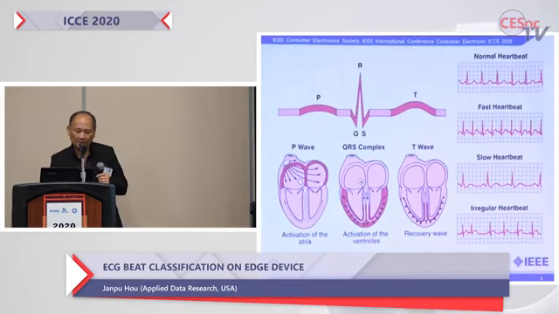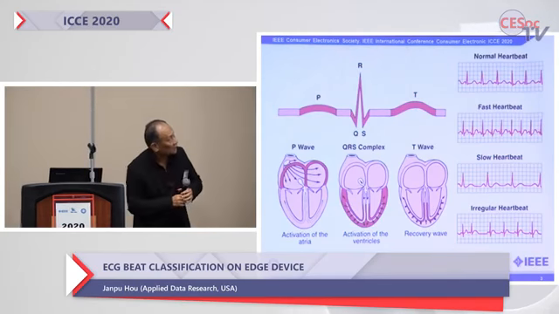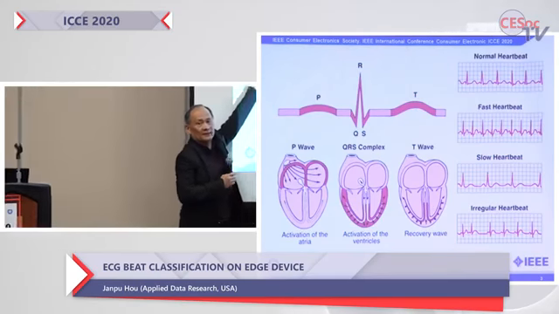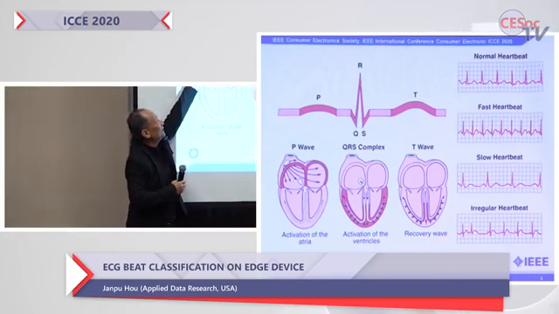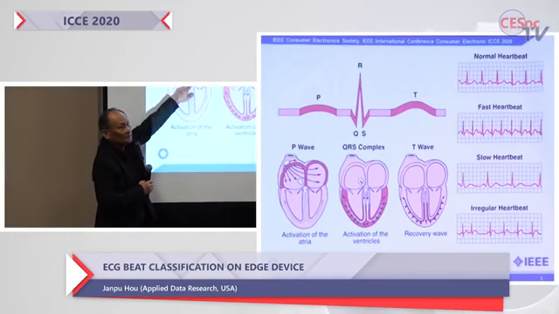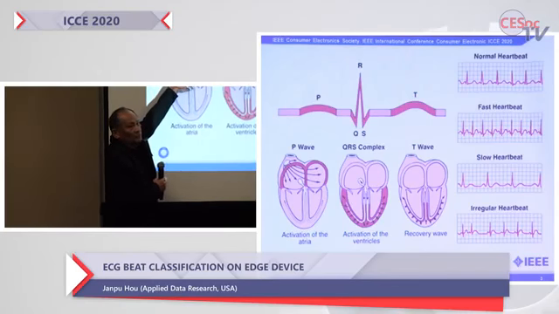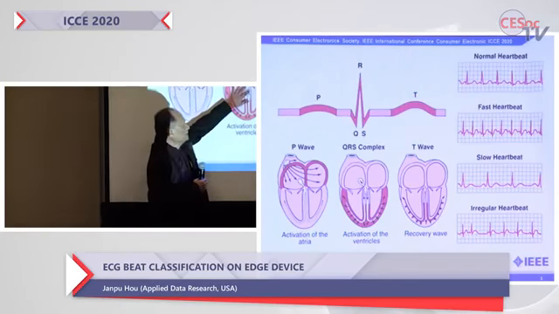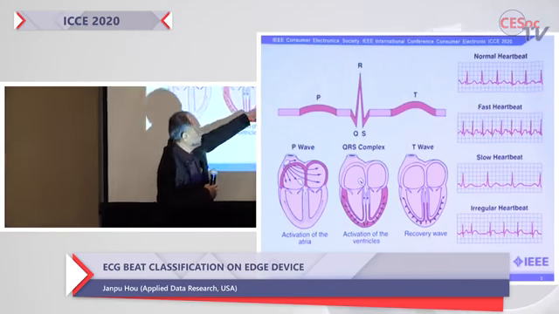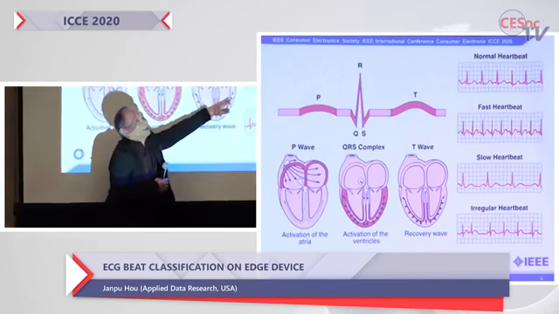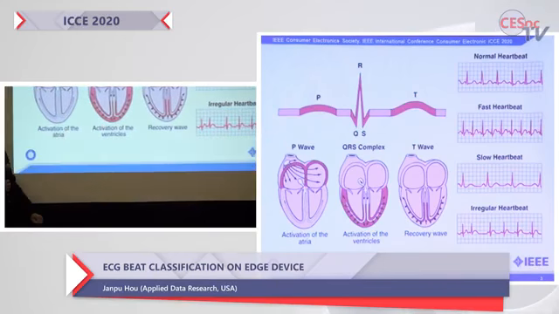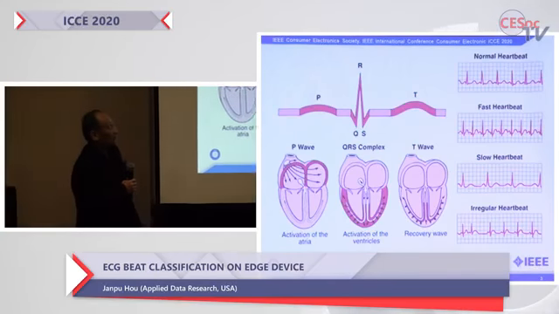So you have the SA node that generates the electricity, and then you propagate down to the AV node, and this becomes narrower, so the propagation gets slower, and then you go down to the final area, the little fibers down there.